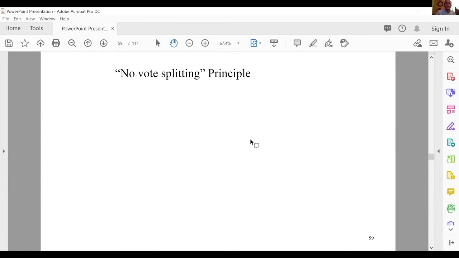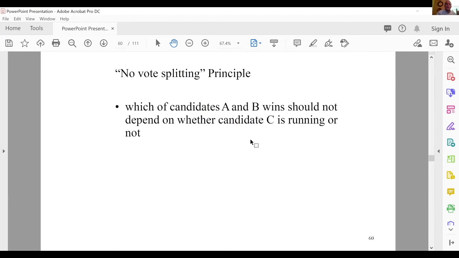The no vote splitting principle says that if an electorate is deciding between A and B, it shouldn't matter in determining which wins whether some irrelevant candidate C is running or not.